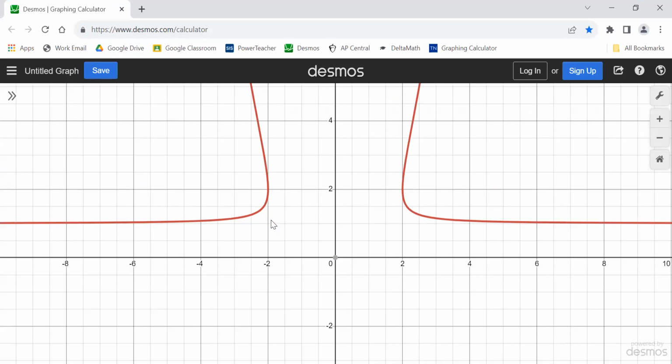Those are occurring when y is 2, right here and right here. And we'll note that the funny thing that was happening at y equals 1 is that our graph looks like it wants to have a horizontal tangent line at y equals 1, but since there's no possible location on the graph where y is 1, it's actually just approaching y equals 1, and we have a horizontal asymptote in both directions of y equals 1.